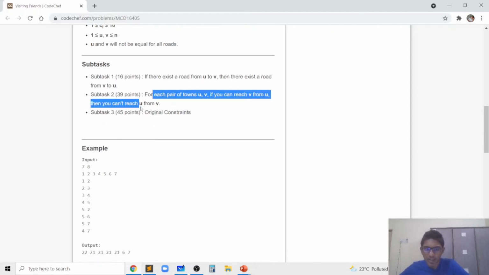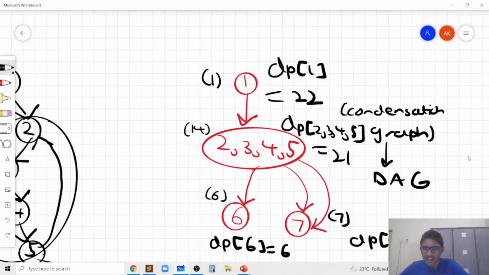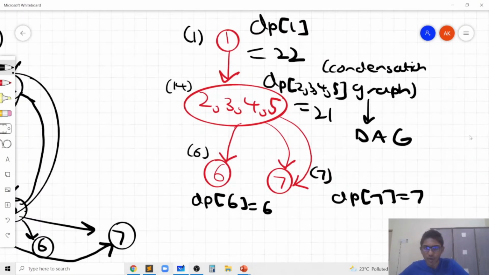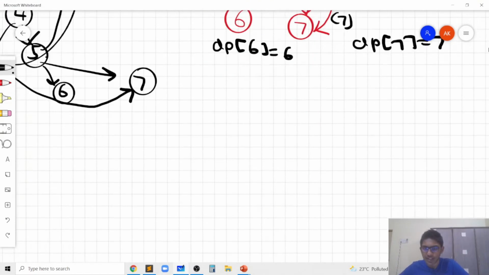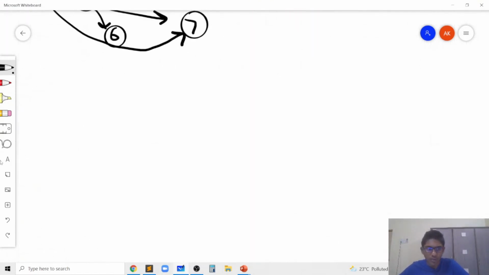For the second subtask, we are given a directed acyclic graph. That's why we can directly use dynamic programming on this directed acyclic graph without forming the condensation graph. And for the last subtask, we need to form the condensation graph and then use dp on the DAG. So now I'll be explaining the final steps.